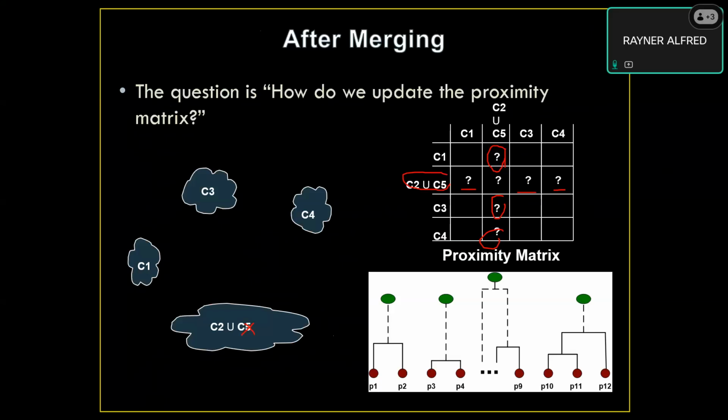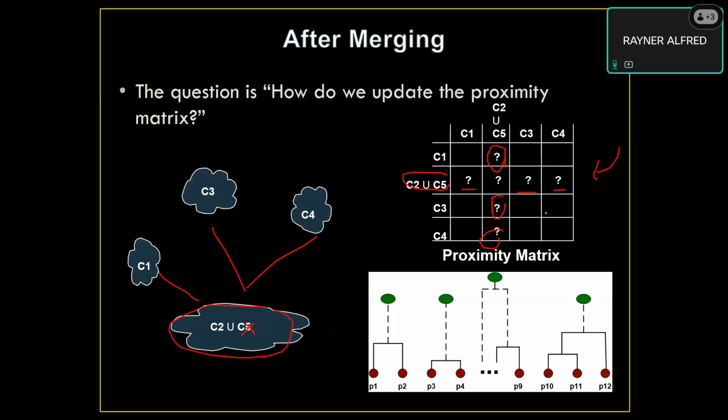Our task is to find the distance between the newly formed cluster and the other clusters. Then we can complete this table. Once the proximity matrix is updated, we can find the lowest value again and merge again.